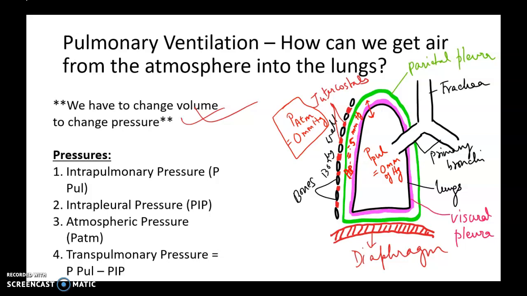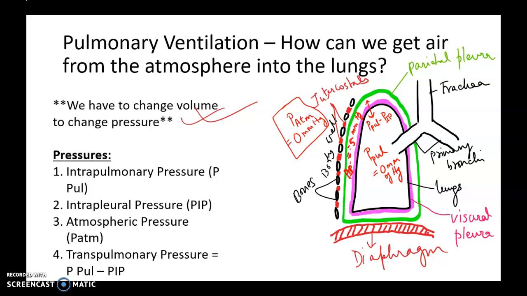What is this called? Transpulmonary pressure. And the transpulmonary pressure is nothing but the difference between intrapulmonary pressure minus intrapleural pressure. So essentially, at rest, this will be 0 minus 5, which will be plus 5. So we'll look at that in a bit.